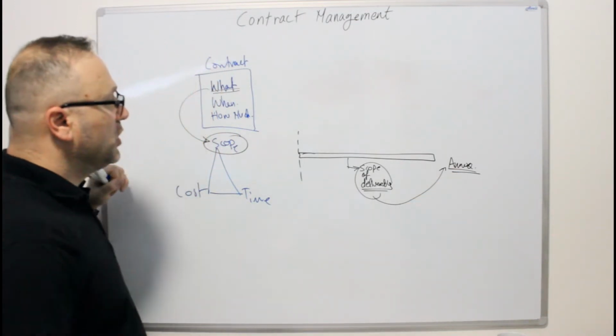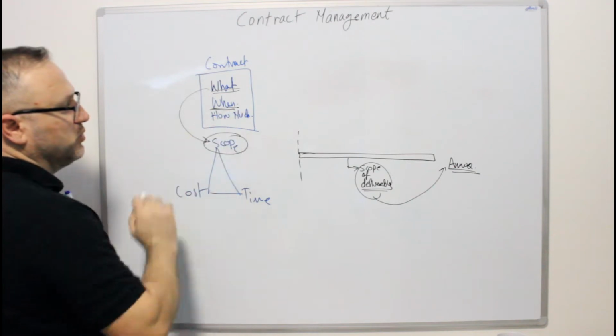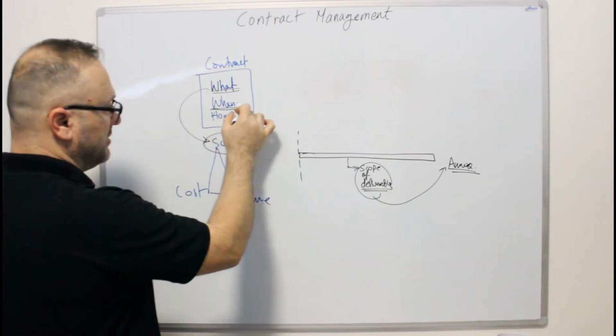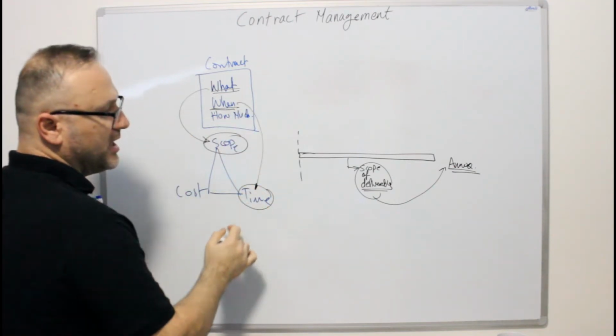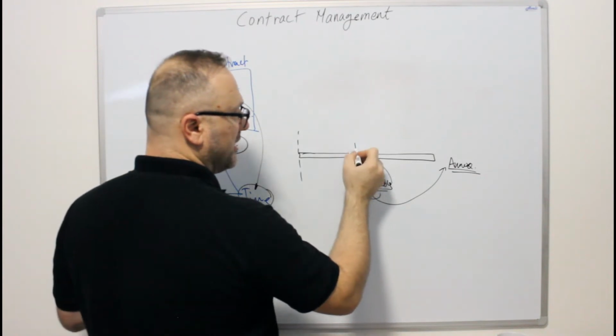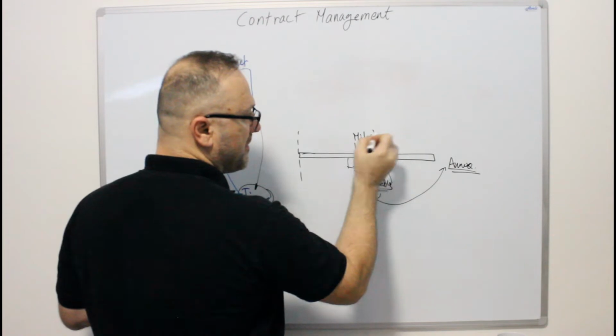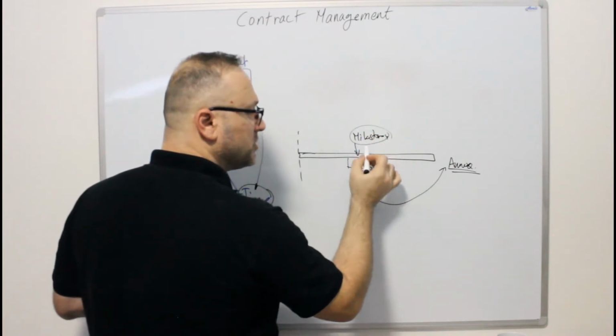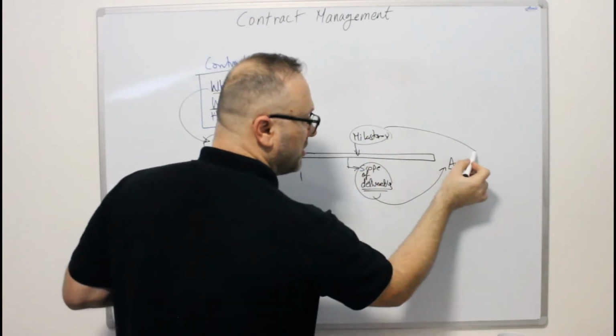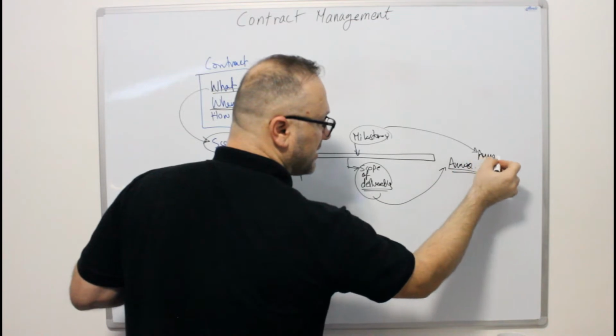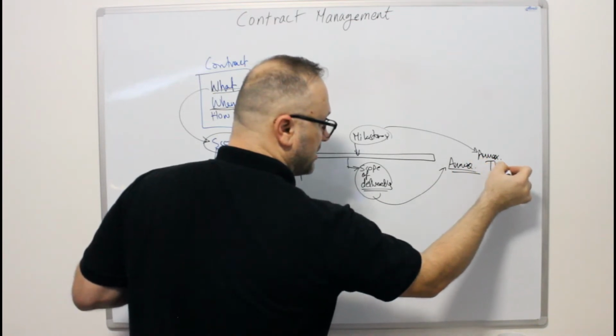Then, when it will be delivered, this is the time, and you need to check the milestones. Those milestones could be written here and could also be in another annex, which is the time schedule.